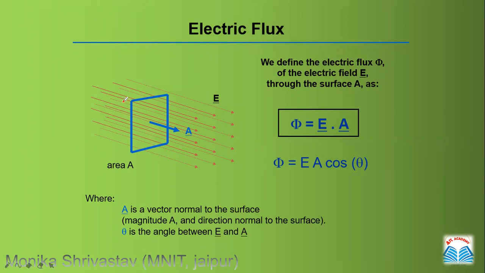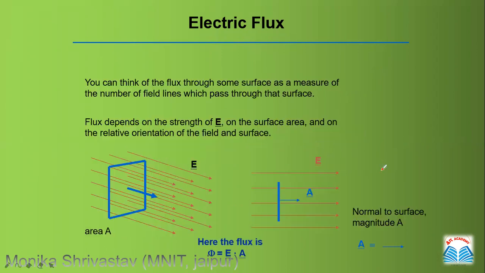If we put a plane of area A in between the field lines, or the electric field, the number of field lines we get within this area is called electric flux. The mathematical formula was phi equals E dot A, where A is the area, E is the magnitude of the electric field, and this dot product becomes cos theta here. So phi equals EA cos theta.